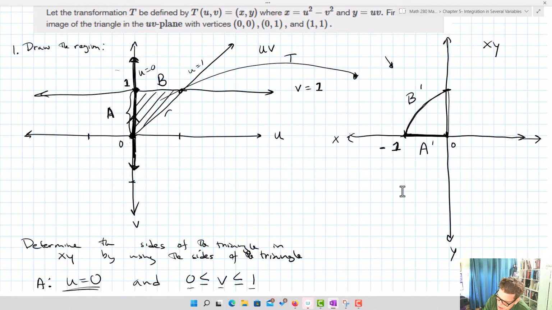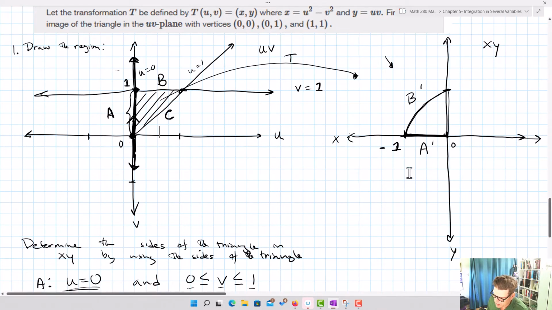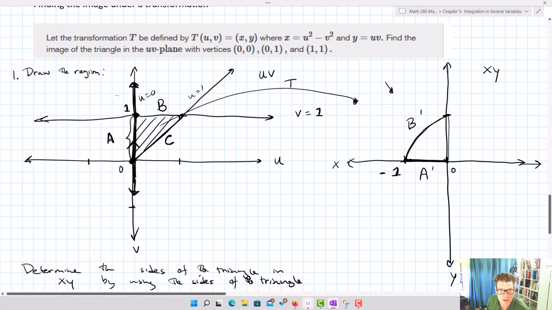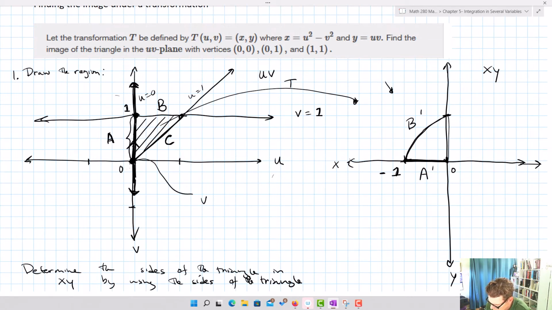Finally, let's choose c. We've got c right here. If I look at c now, I know that this is y equals x. So the equation there for c is just going to be v equals u. Notice that we're in the uv plane, so this line is going to be v equals u.